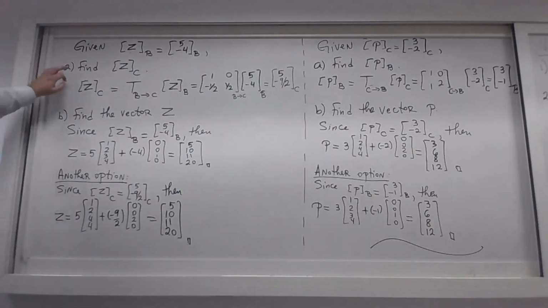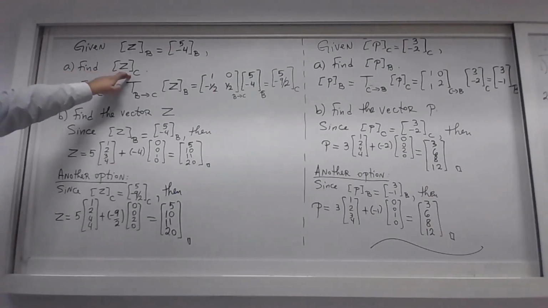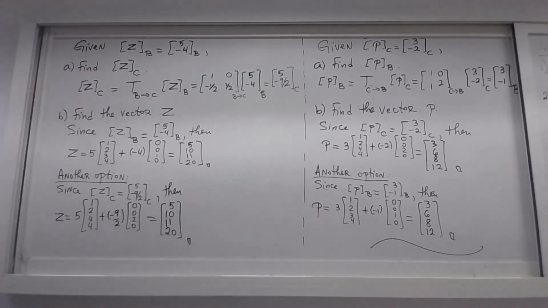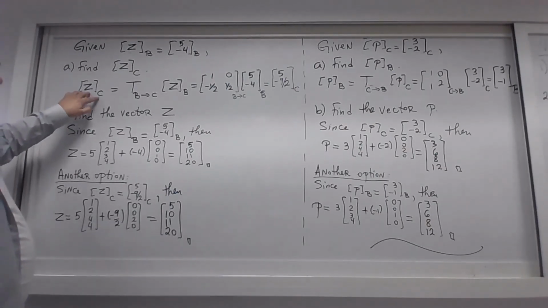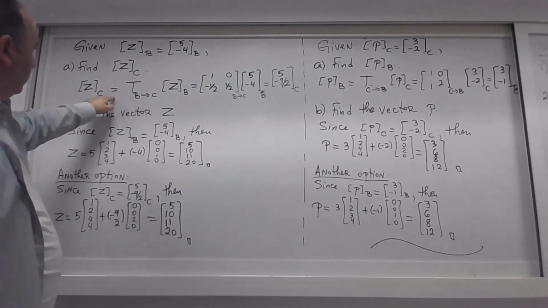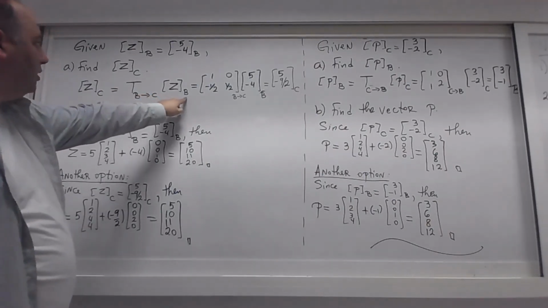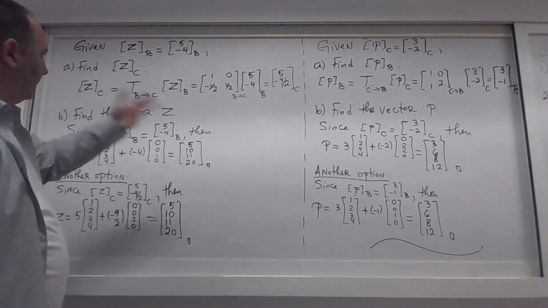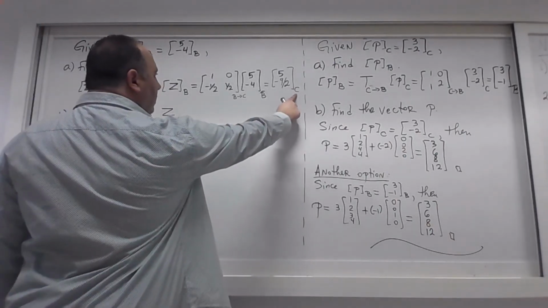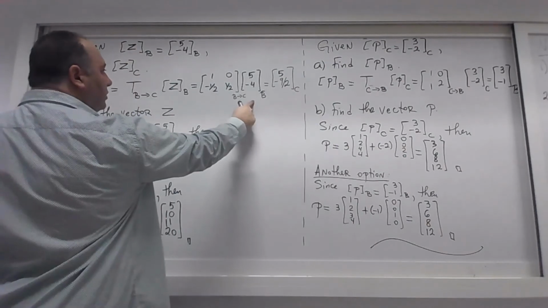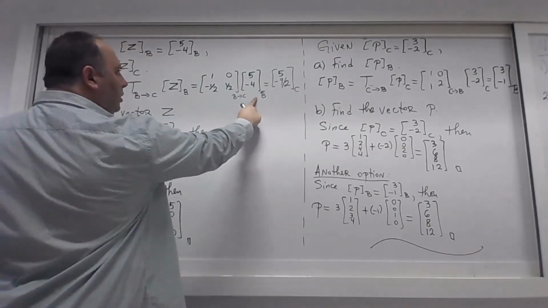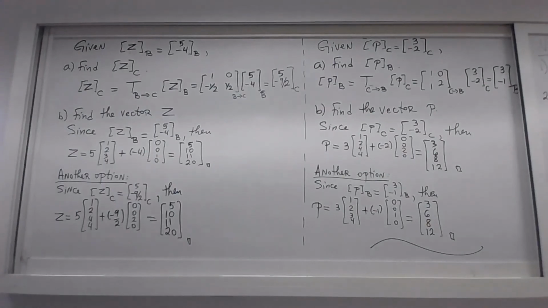So the question is, you need to find me the coordinates of Z in basis C. Well, that's not complicated, because we are given coordinates in basis B. We already computed the transition matrix from basis B to basis C. That shouldn't be a problem now. So coordinates of Z in basis C are equal to transition matrix from basis B to basis C times coordinates of the vector in basis B. So when you do the product, the result is coordinates in basis C. So you just do the product of transition matrix from B to C and coordinates in B, you'll get coordinates in C. Ta-da! Straightforward.